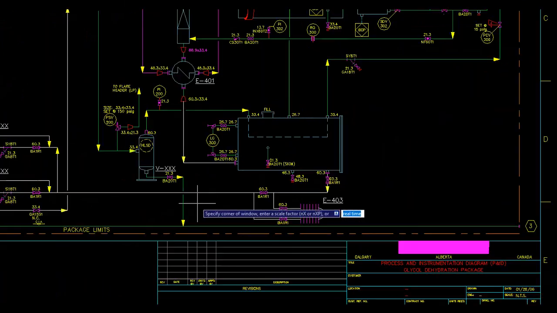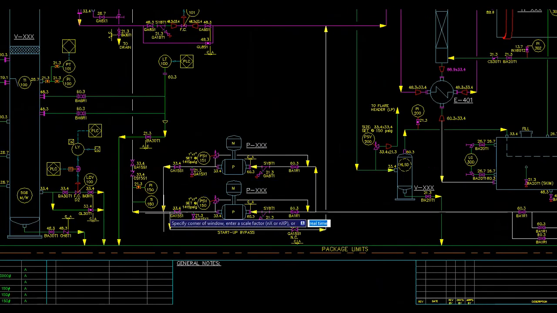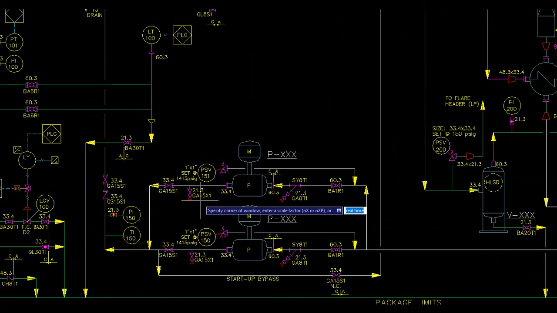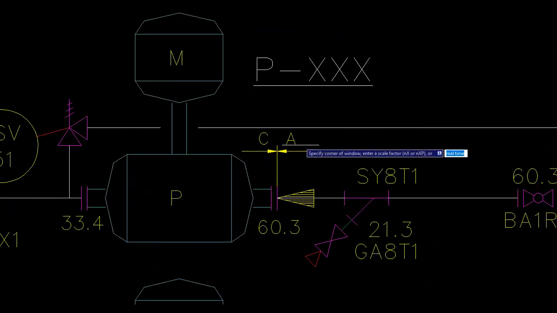In designing the pumps, the discharge pressure is an important factor. At the circulation rate determined in the HYSYS simulation, the pumps should be able to deliver glycol with enough pressure to enter the contactor, which is at a high pressure.